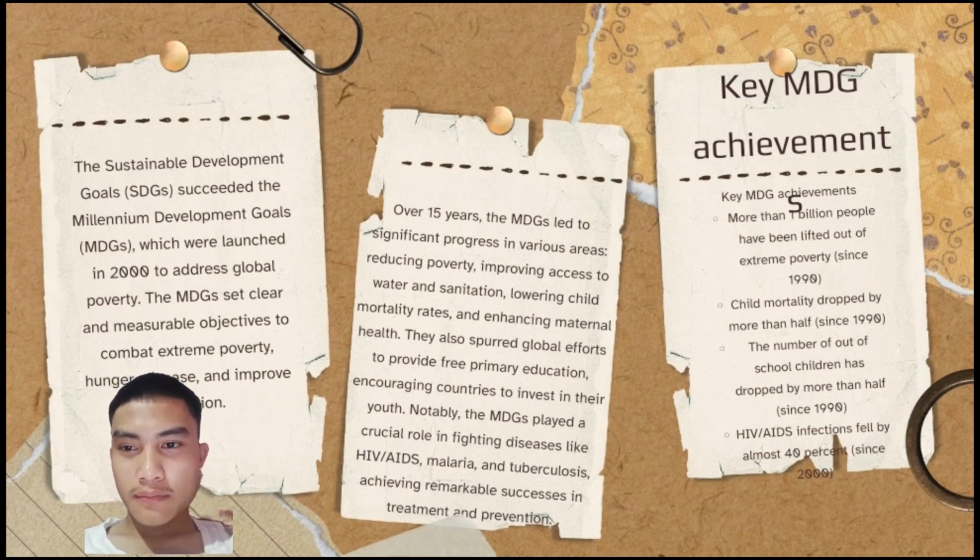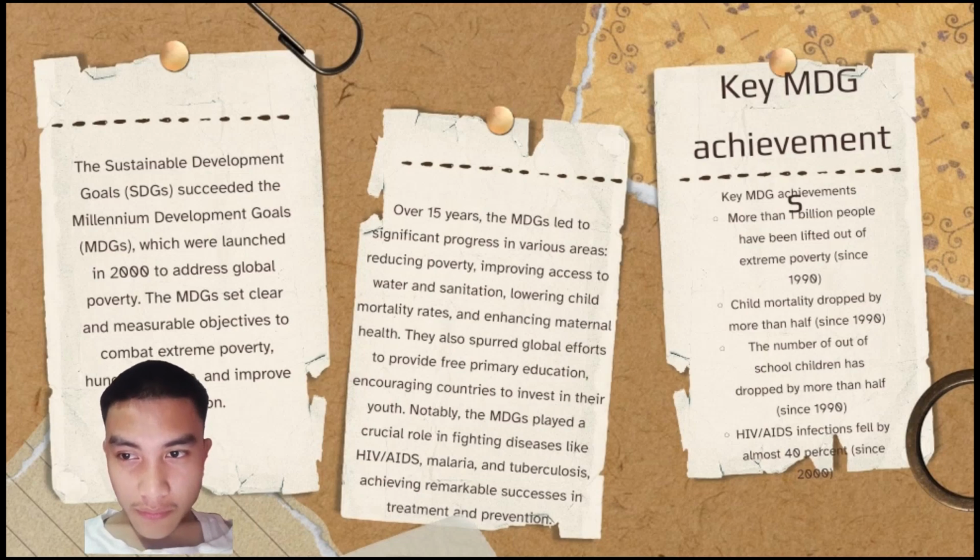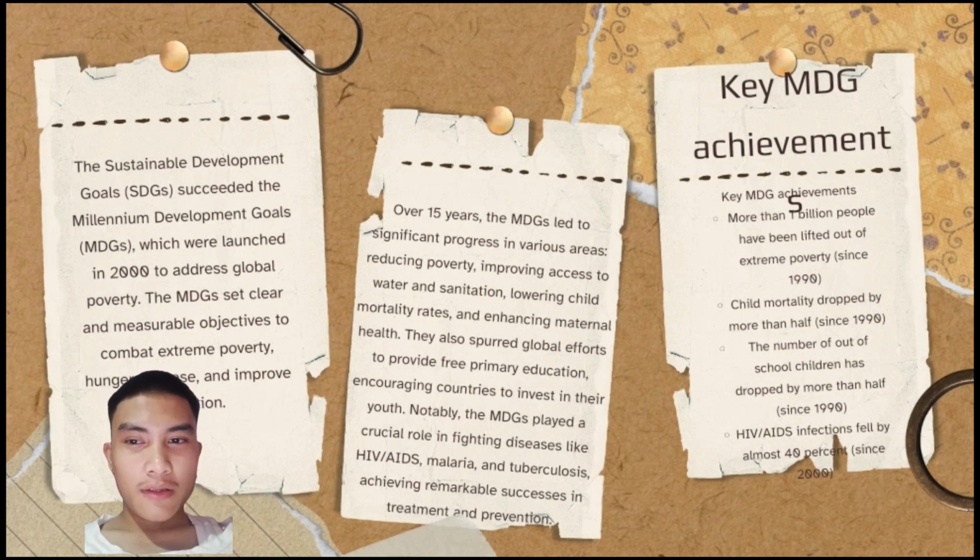So, based on my understanding, sustainable development is an approach to economic growth and progress that seeks to meet the needs of our present without compromising the ability of future generations to meet their own needs.